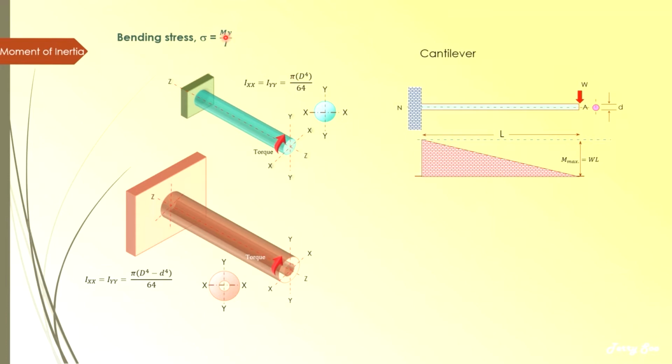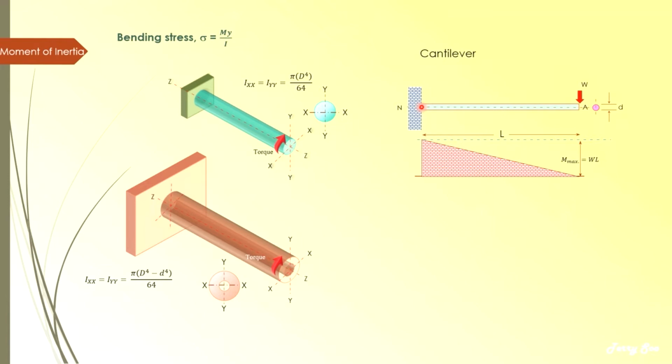So the most important thing here is when we design a shaft, it's very important for us to know what is the maximum bending moment for the case. So for cantilever, the maximum bending moment is given as W, that is the load, multiplied by the length of the shaft. So that means your maximum bending will be here.